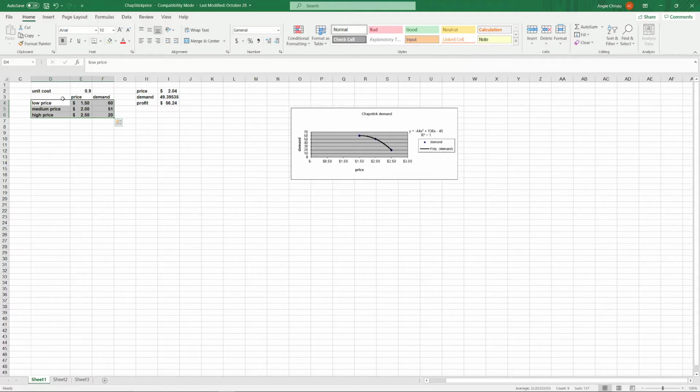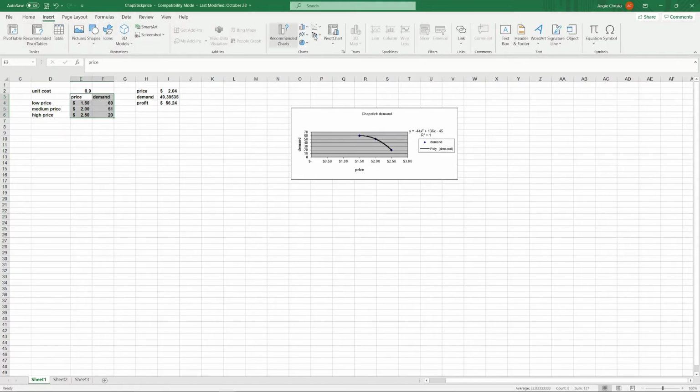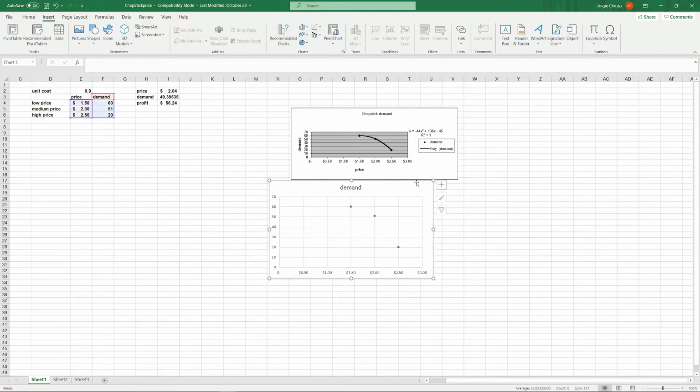So knowing this, we can first find the demand equation. As I said, we want something more flexible, so we insert a chart, the scatter chart.